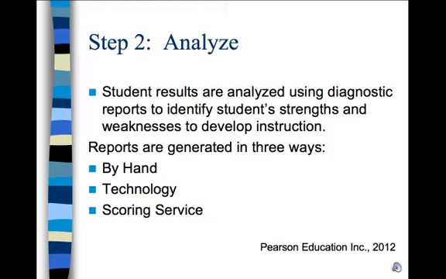Second, there's technology, and GMADE scoring and reporting software provides easy scoring of test booklets and answer sheets. And there is also the scoring service for large amounts of student answer sheets, and Pearson will preprint student information on answer sheets and scan and score completed answer sheets and then report results.